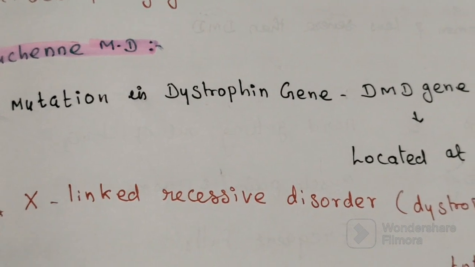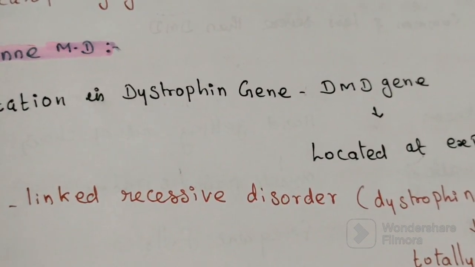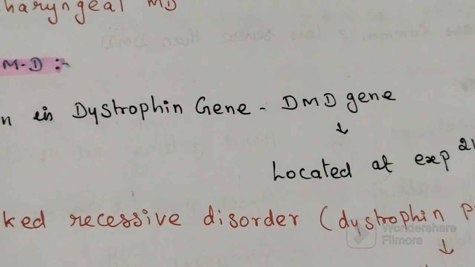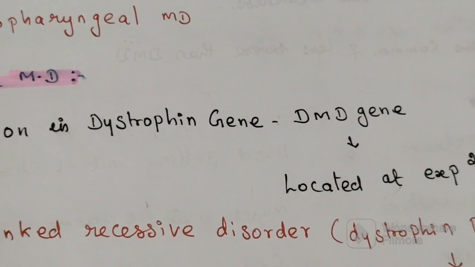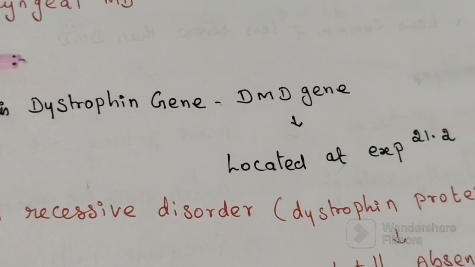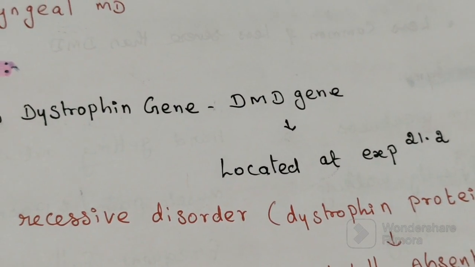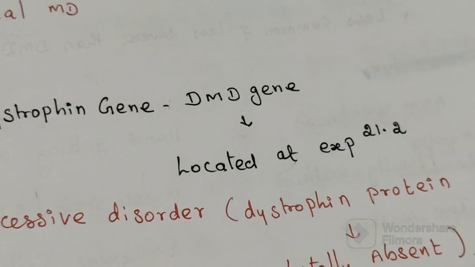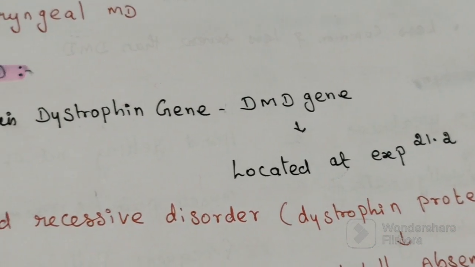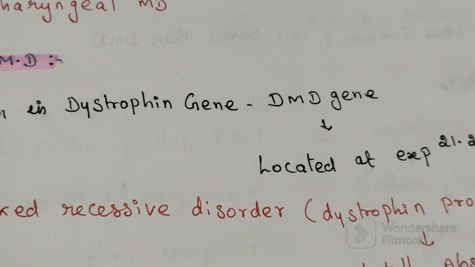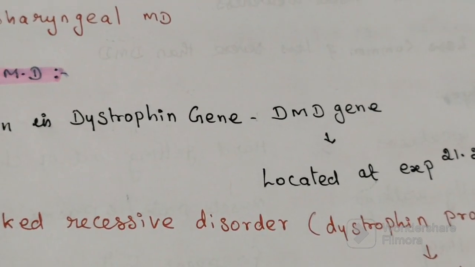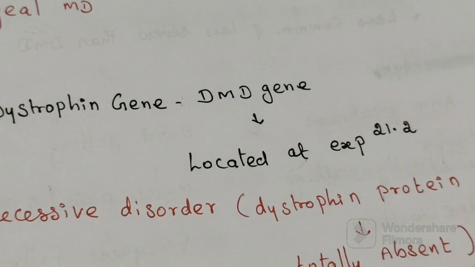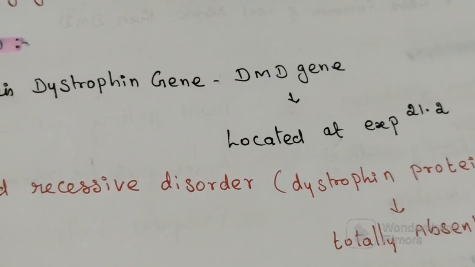So first one is sex-linked inheritance, Duchenne muscular dystrophy. We have a mutation in the dystrophin gene, the DMD gene, located at Xp21.2.